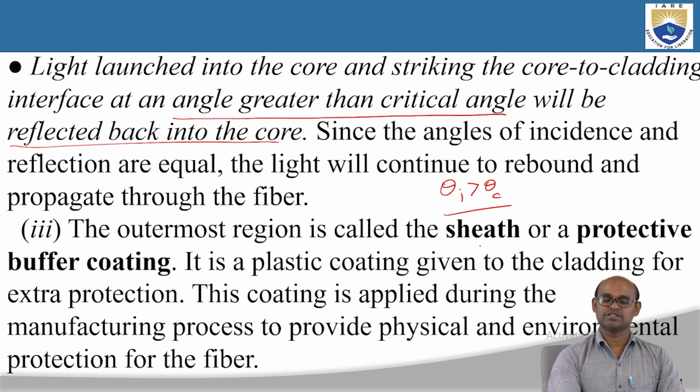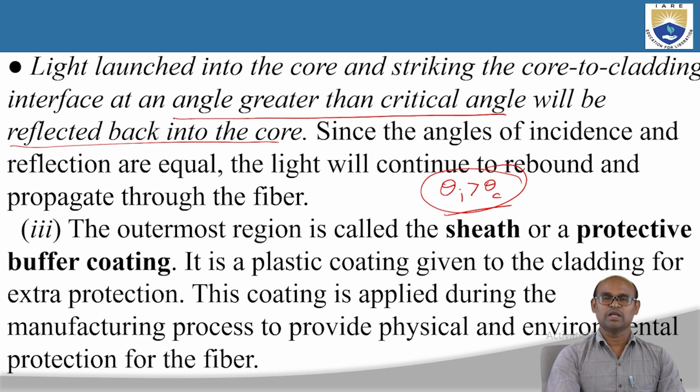The outermost region is called the sheath or protective buffer coating. It is a plastic coating given to the cladding for extra protection. This coating is applied during the manufacturing process to provide physical and environmental protection for the fiber. One important point is that light undergoes total internal reflection only when theta I, the angle of incidence, is greater than the critical angle.